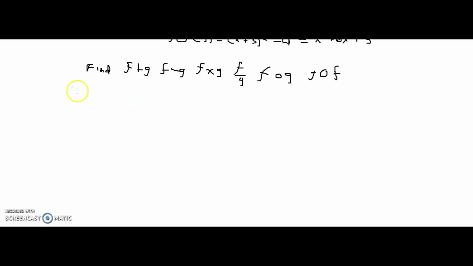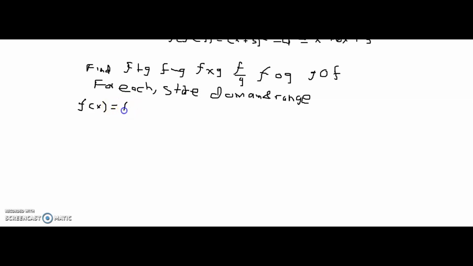And for each of those, find and state the domain and range of the resultant functions. So, I picked somewhat more challenging functions just to illustrate some things with domain and range.